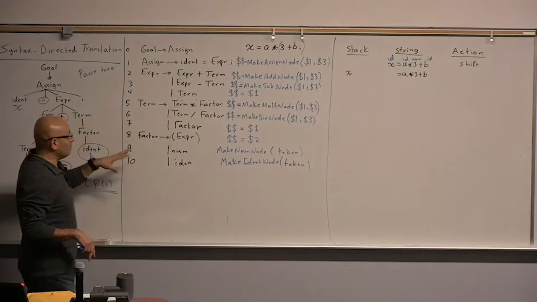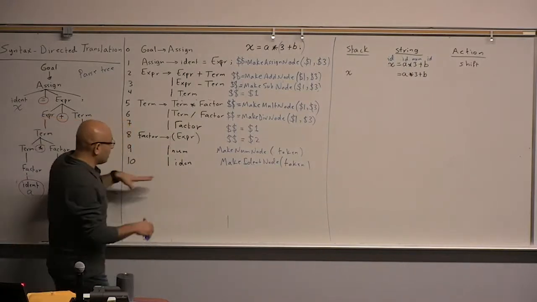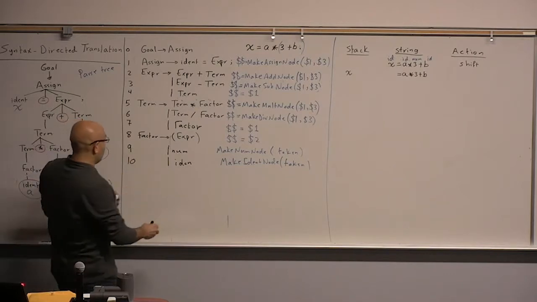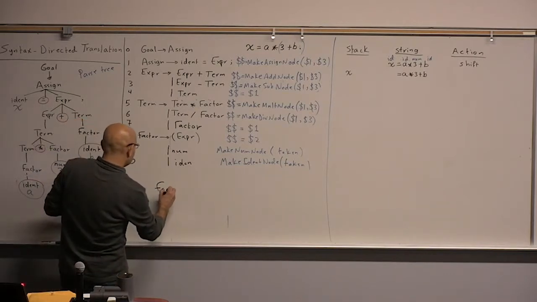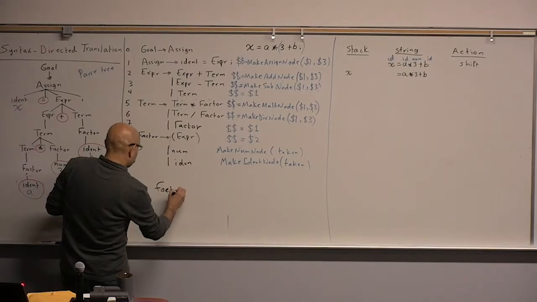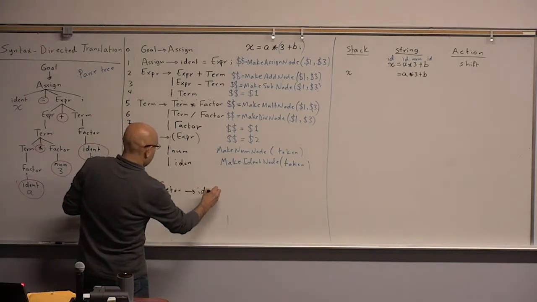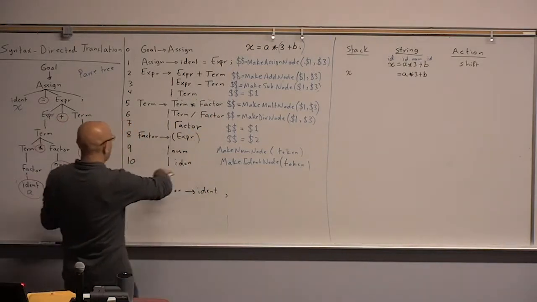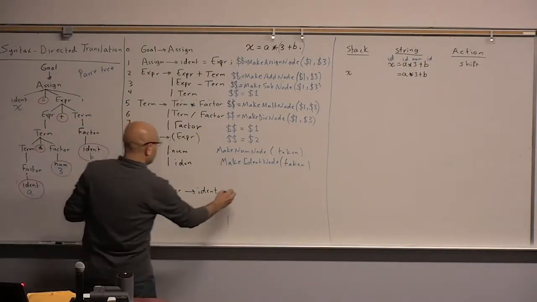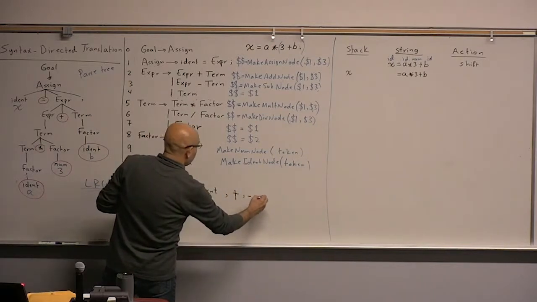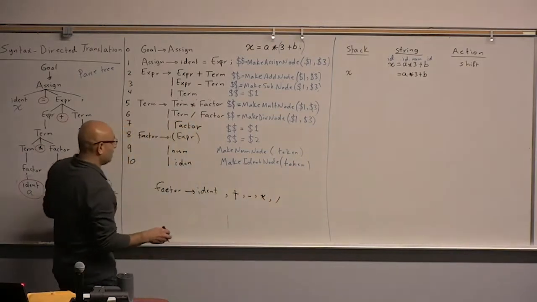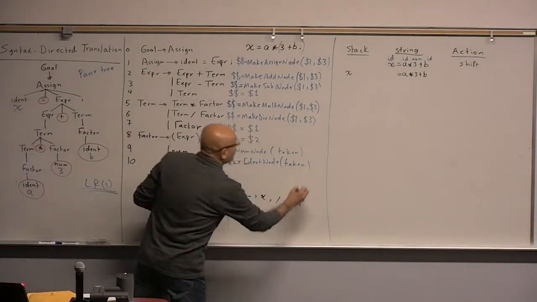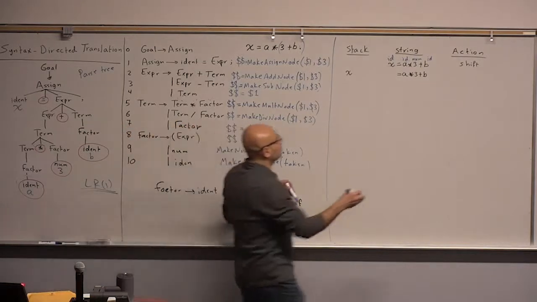So that's why, from the look ahead, somewhere in one of the states there will be a reduction, factor to identifier, but the look ahead for that will be plus, minus, multiply, divide, and it will not have an equal. So in this case it will just shift.